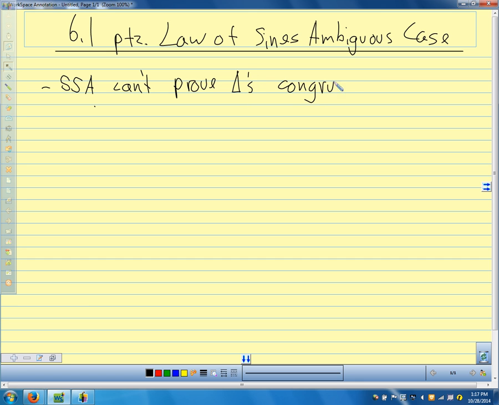The reason, usually the way that we talk about it in geometry, is that there's possibly more than one triangle that has two given sides and an angle. So we're not absolutely certain that we only have one triangle. That's why we couldn't use a side-side-angle theorem to prove that triangles are congruent.